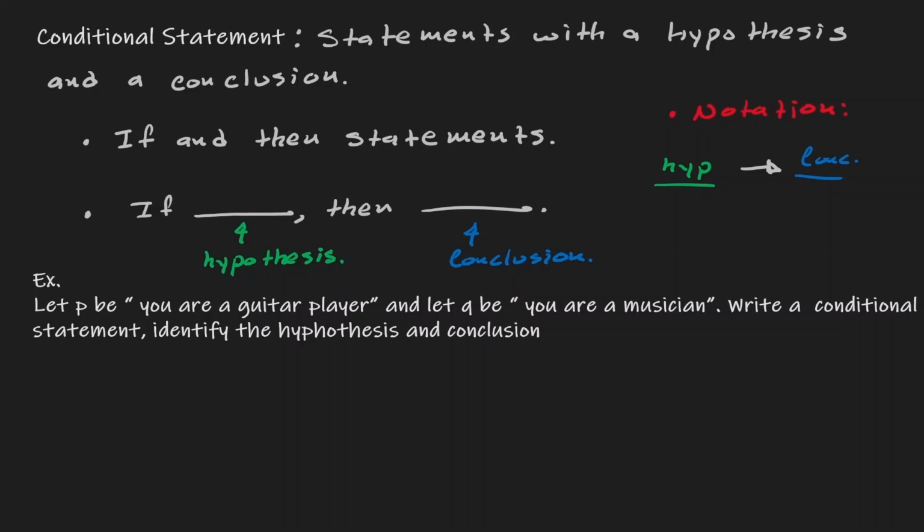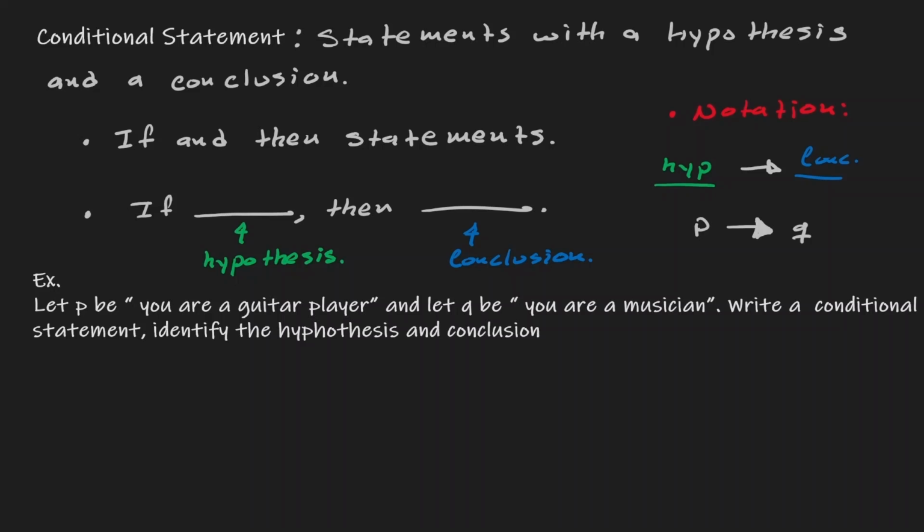Sometimes it's labeled as P arrow Q. This arrow indicates that we have a conditional statement. Whatever we have on the left hand side is what we consider my hypothesis, and what we have on the right hand side is what we classify as my conclusion.